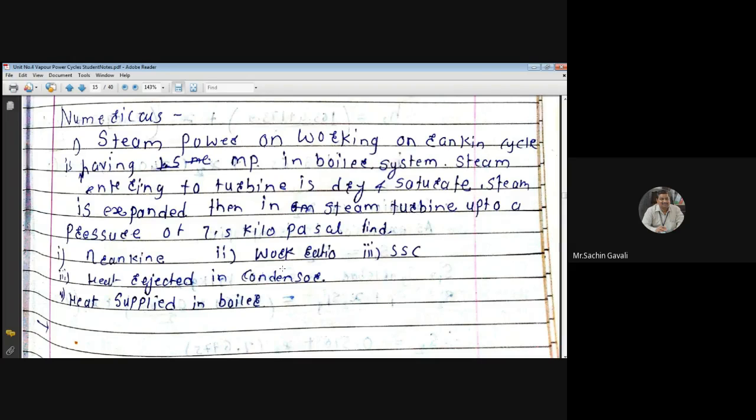So steam power plant. Everybody have taken this numerical? If yes, give answer. Reply. Only one reply. Two.